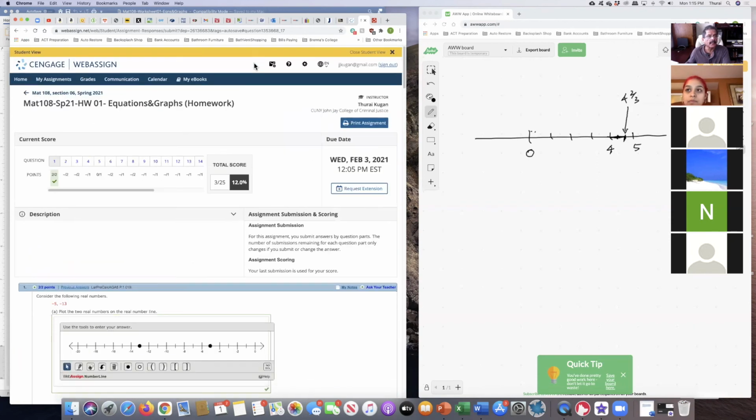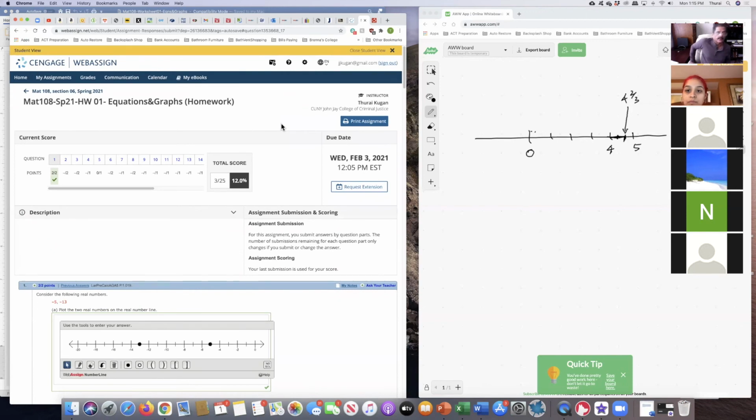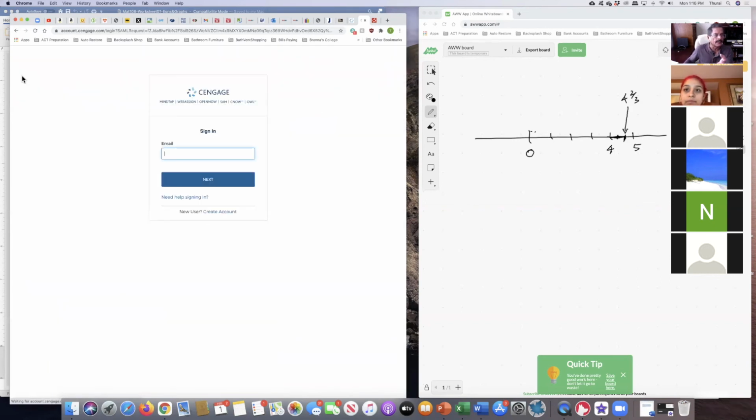I don't have to pay for it, so it doesn't show me any link to pay for it on my view of the web design. But in your student view, you should be able to find the link to pay for it.